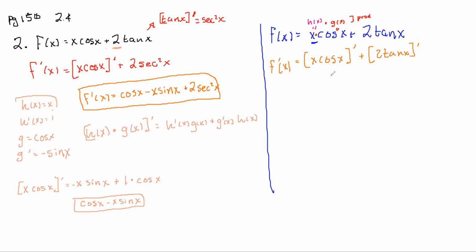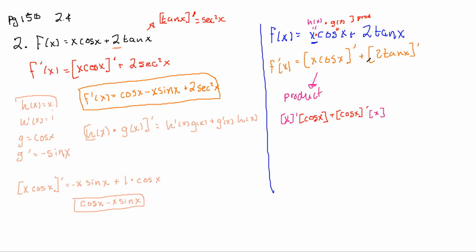So then what I did is I said, hey, in order to do this, I need to use the product rule. And I'm going to do that by saying this is going to be x prime cos x plus, here I'm going to call it, plus cos x prime x.